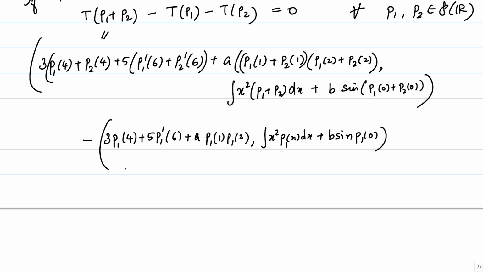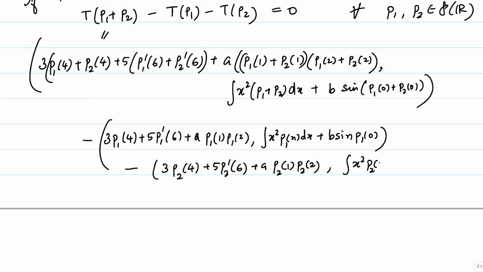And there's one more term, which is T of P2, which will be very similar: P2 of 4 plus 5 P2 prime of 6 plus A times P2 of 1, P2 of 2 and the integral of x square P2 of x dx plus B sine P2 of 0. That's it. That's the big expression that we are dealing with.